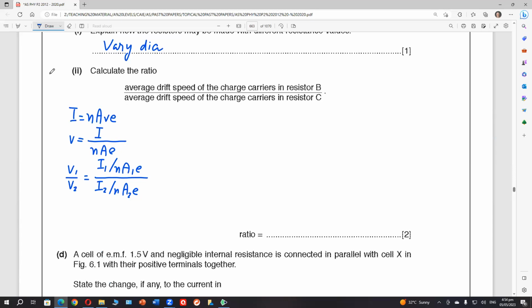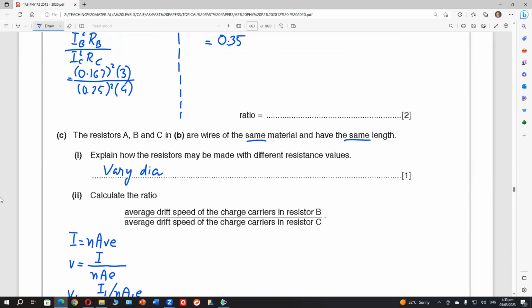How can we find the area? Won't we take it the same, because it's the same wire? No, he has not said the area is the same. If you read the question, he said length is the same and material is the same.